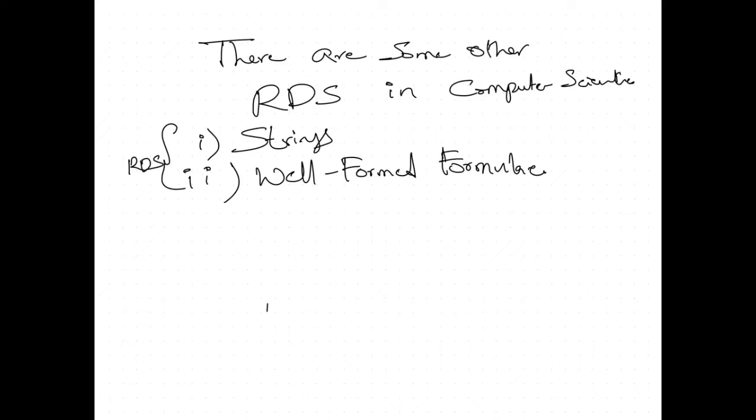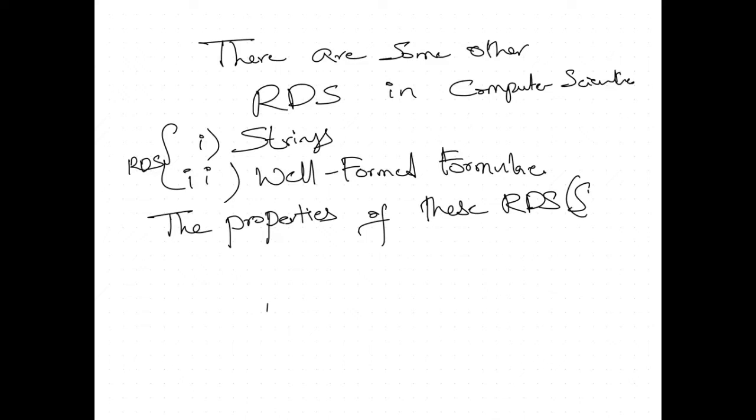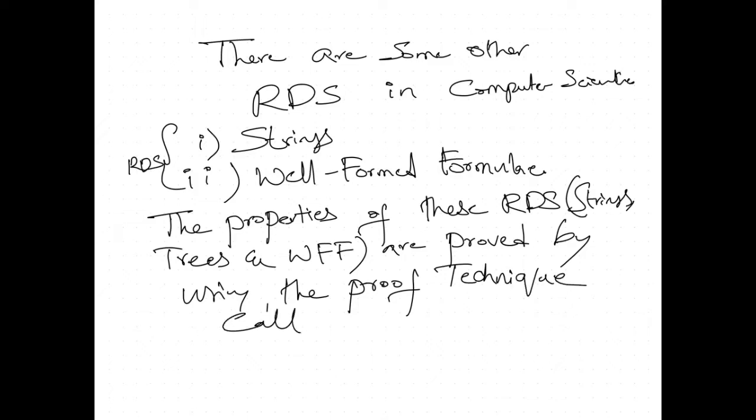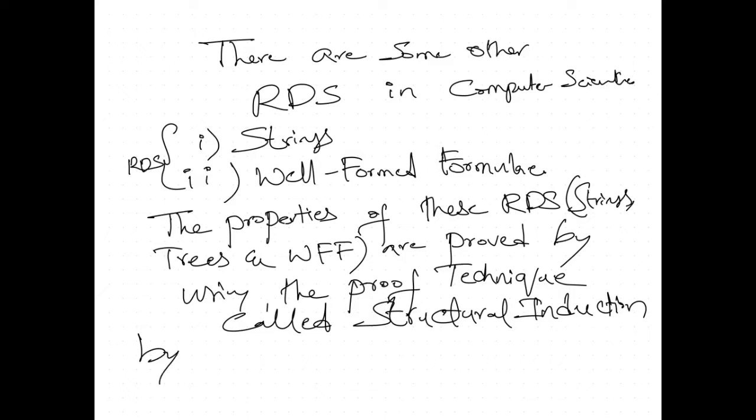Let us see now. See here, the properties of these recursively defined structures like strings, trees and well-formed formulae are proved by using the proof technique called structural induction, by verifying two steps.